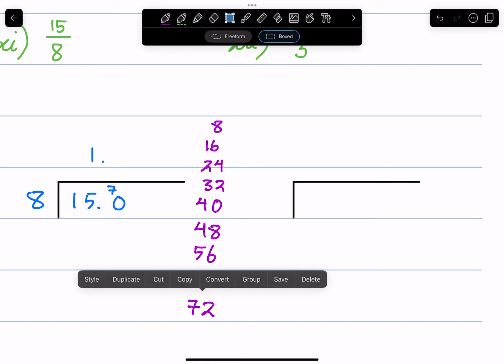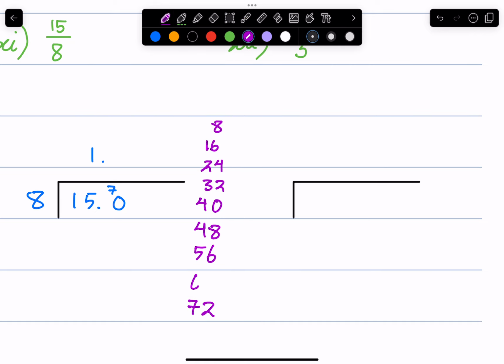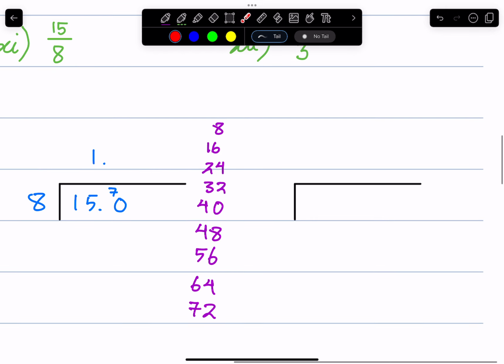Sorry, I missed that one. 64. 72. We'll stop there. And now the closest I can get to 70 is this one here, 64, which is 8 times 8. Now for that one, 64, to get to 70 is a remainder of 6.